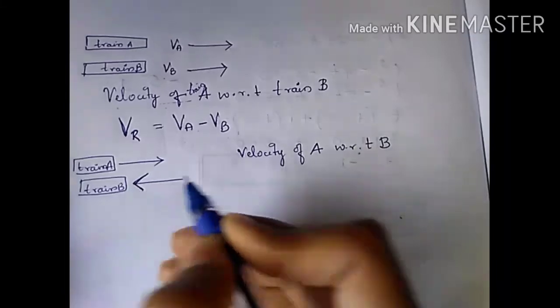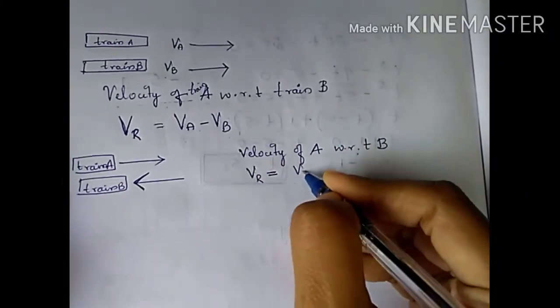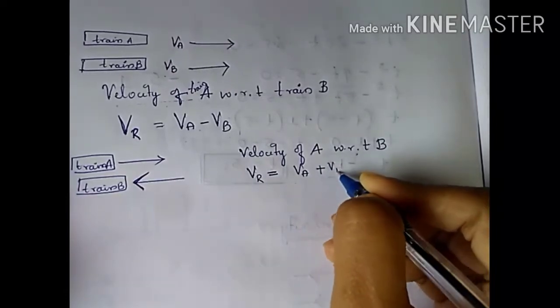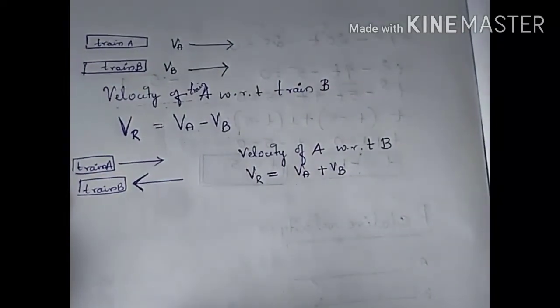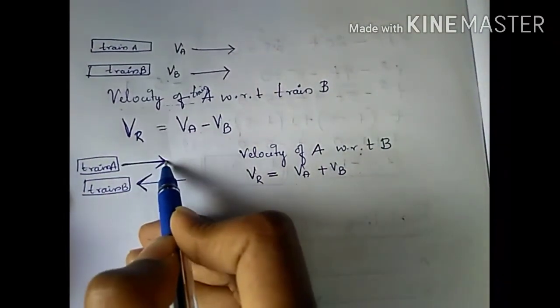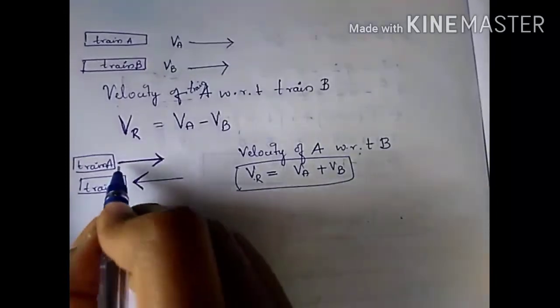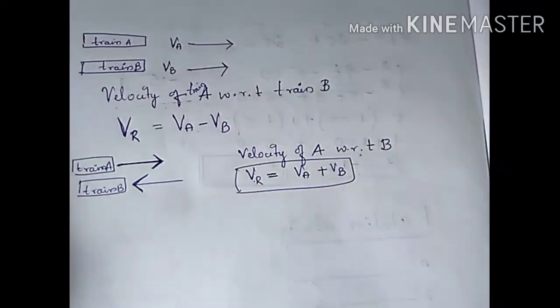Since these two are in opposite directions, the relative velocity will get added up, VA plus VB. The direction of relative velocity is the same as the direction of train A. So the direction for VR in this case will be in the direction of train A.